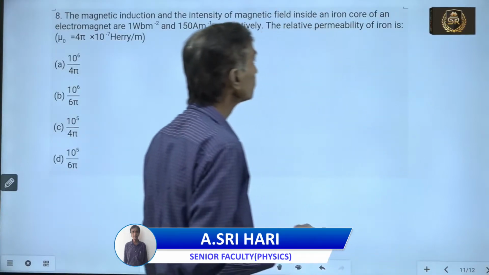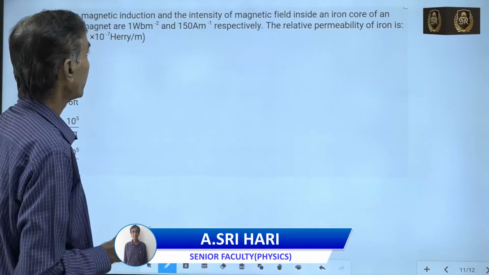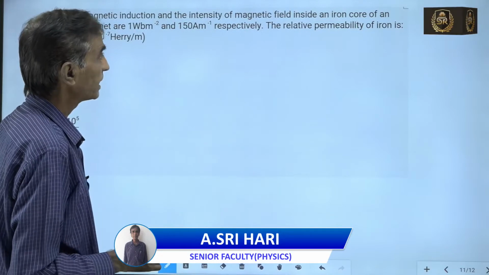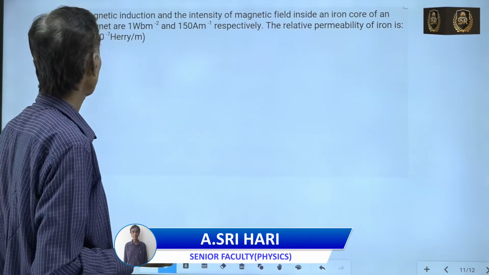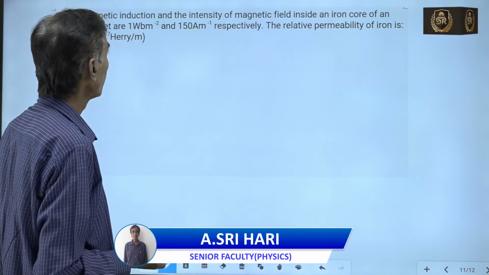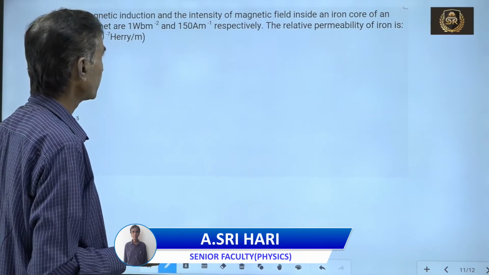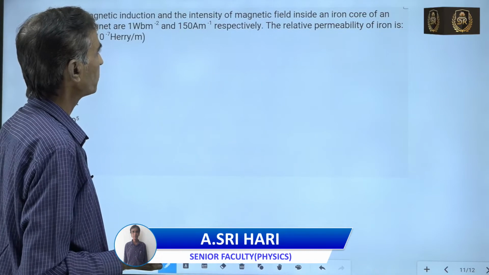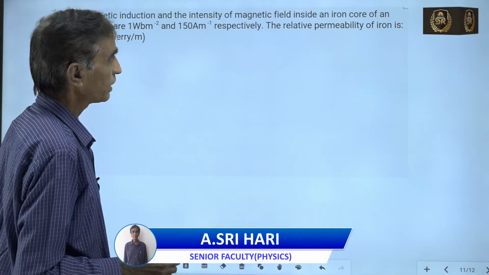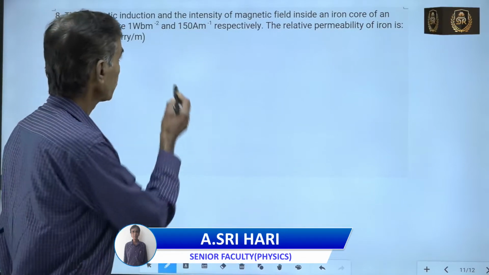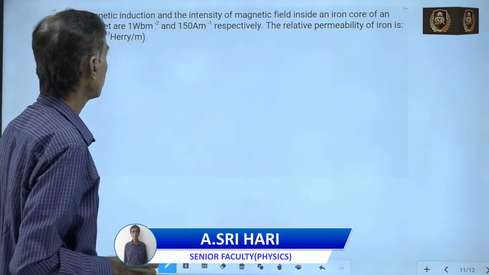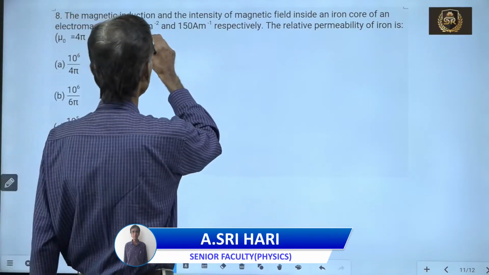Next one. The magnetic induction and the intensity of magnetic field inside an iron core of an electromagnet are 1 Weber per meter square and 150 ampere per meter respectively. The relative permeability of iron is, now we have done the same model. See this, what is this?